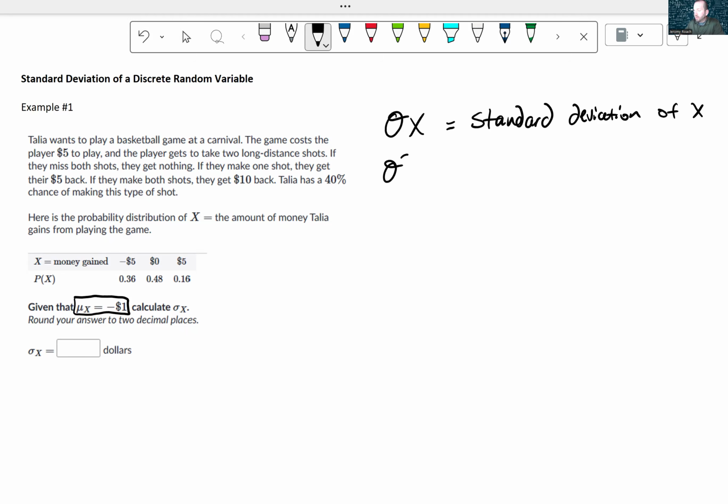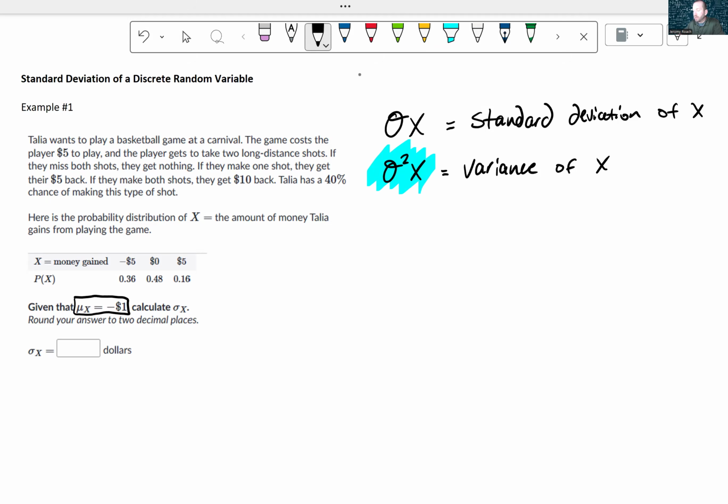The variance of X is written as the standard deviation squared of X. So we're going to use the variance to solve this problem.